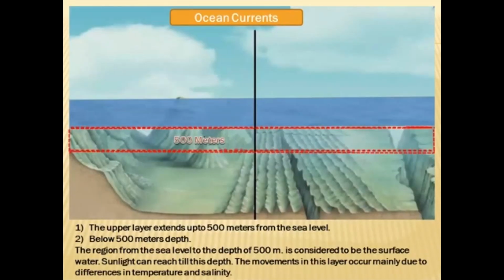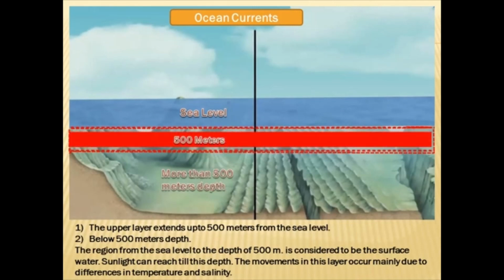The first is the upper layer, which extends up to 500 meters from the sea level, and the second is below 500 meters depth. The region from the sea level to the depth of 500 meters is considered to be the surface water. Sunlight can reach till this depth.